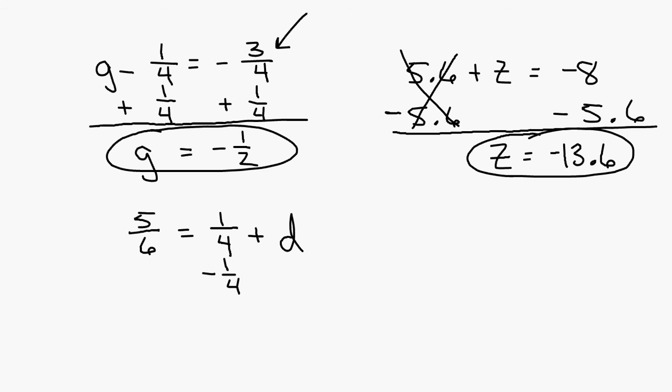Minus 1/4. This will all cancel. Your equal sign comes straight down. Your d comes straight down. And 5/6 minus 1/4. Seven twelfths, you said? Yeah. 7/12, very good. 7/12.